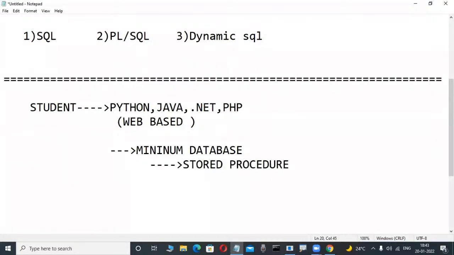That's why when Java or .NET programmers attend an interview, so many interviewers ask: write a query to display the highest salary employee, write a query to display the second highest salary employee, what is a join, write a query to delete duplicate rows from a table. So many predefined queries they ask, to check whether minimum knowledge is there or not. Front-end developers also need minimum knowledge, either Oracle, SQL Server, DB2, anything. That's why so many fellows are learning courses like this.